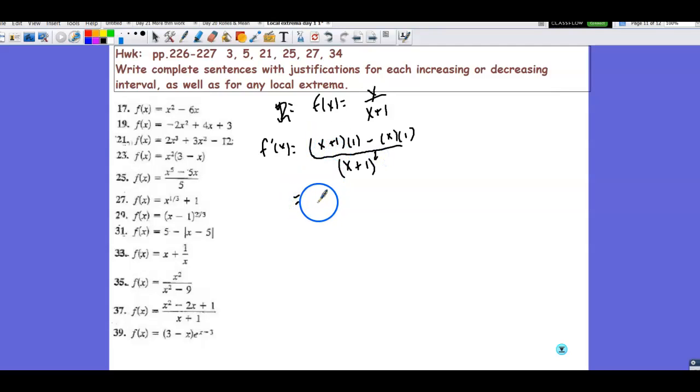Let's clean that up. That'll give me x plus 1 minus x over x plus 1 squared. The x's will subtract out, and that gives me 1 over x plus 1 squared.